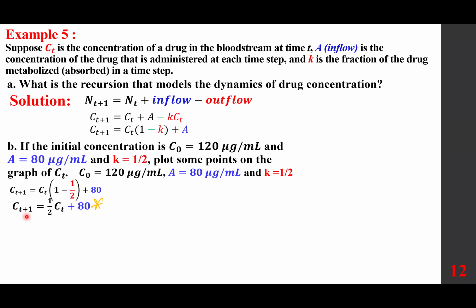According to this formula, C sub 1 must be half of C sub 0 plus 80, which means half of 120, 60, plus 80 is 140. So according to this formula, C sub 2 must be half of C sub 1 plus 80, which means half of 140, 70, plus 80, 150.